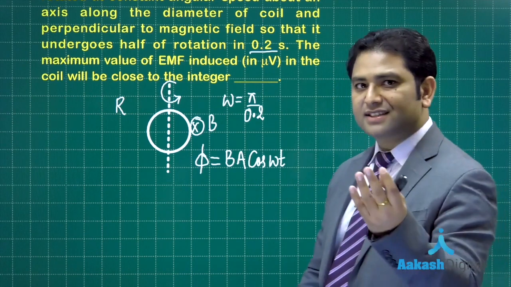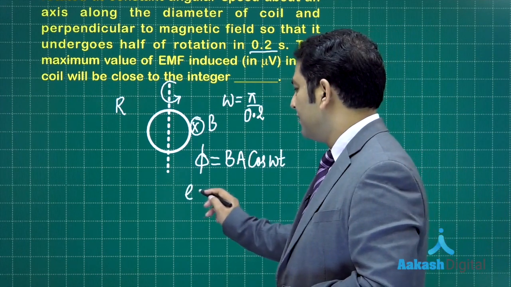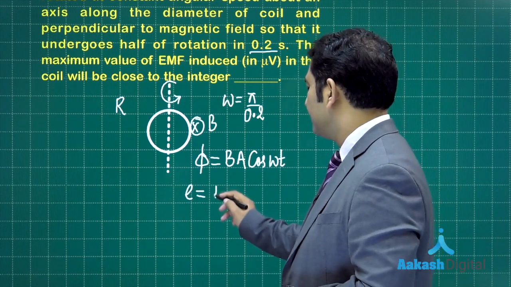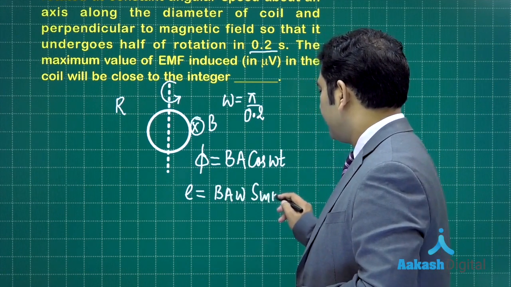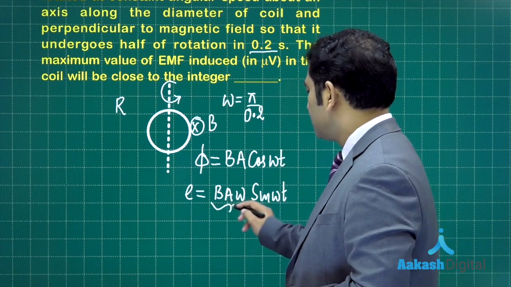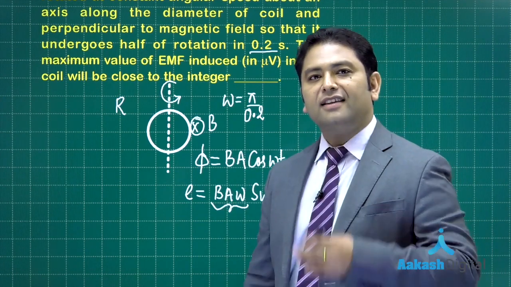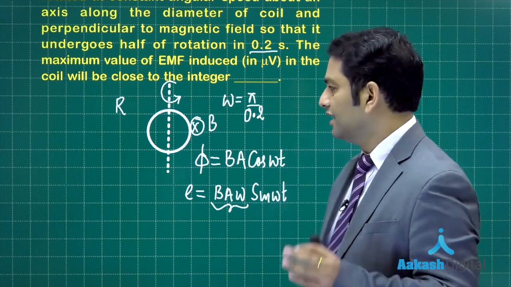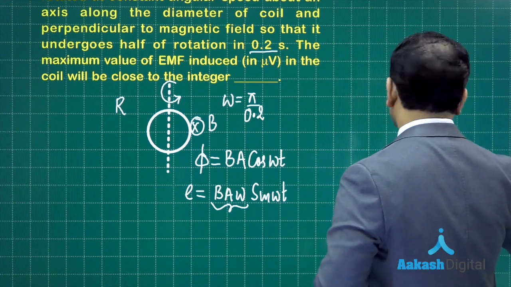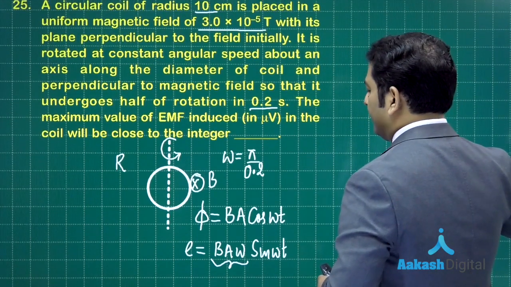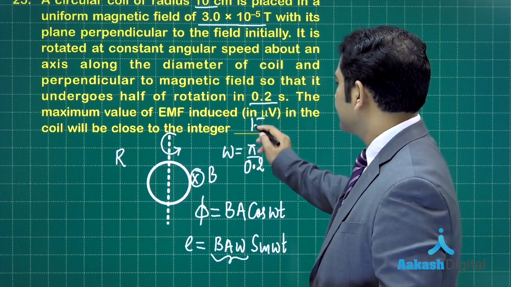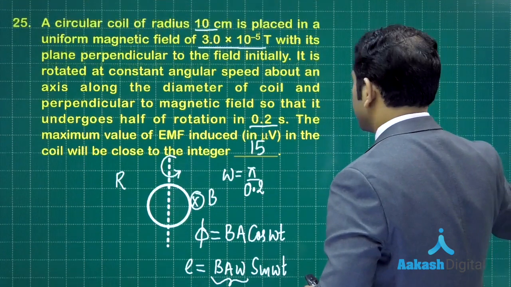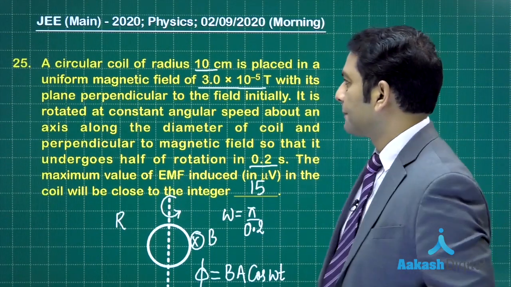Alright, at any given instant, the EMF, minus d phi by dt, will give me B A omega sine omega t. And this is what essentially we need to find, the amplitude of the EMF. You do that, you would be getting the value as 15 microvolt. So the answer would be 15 for question number 25.